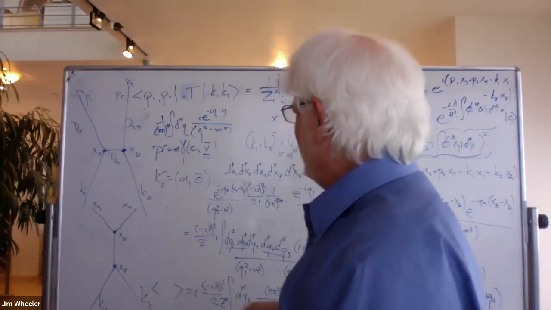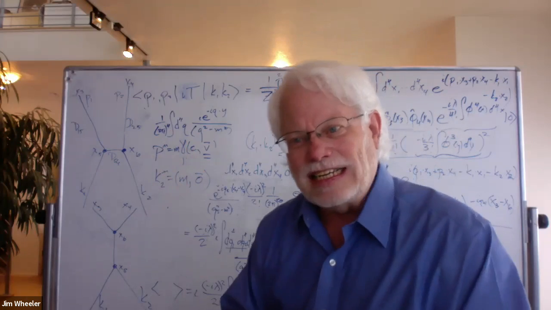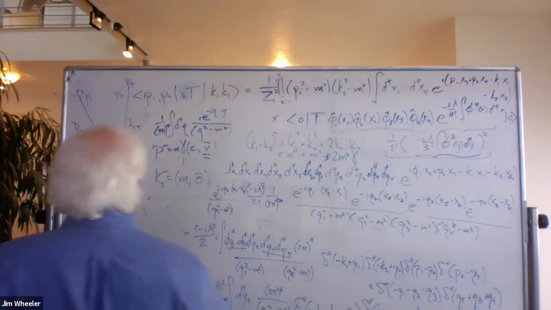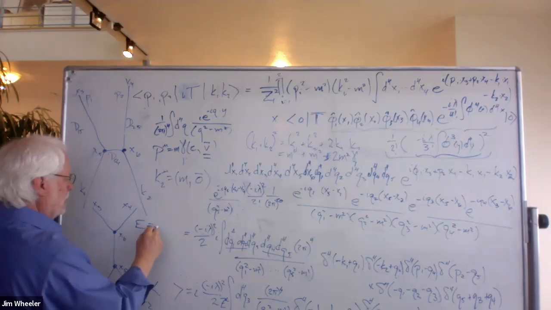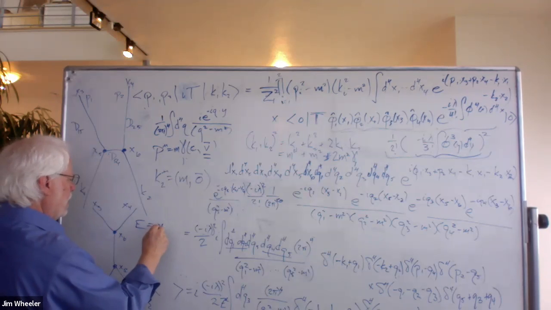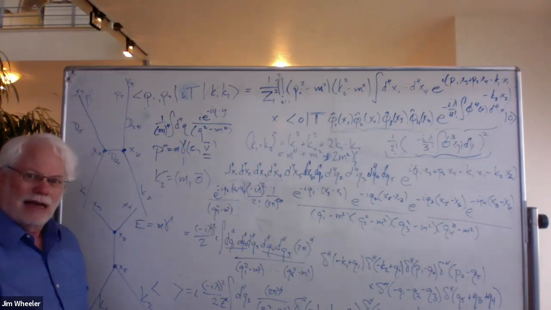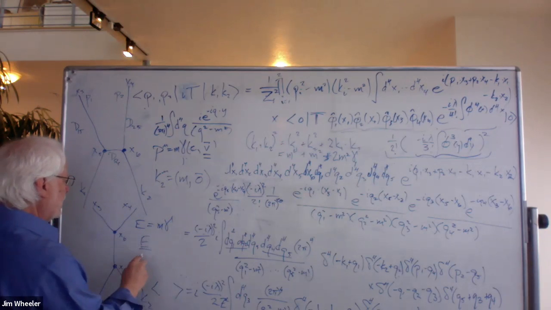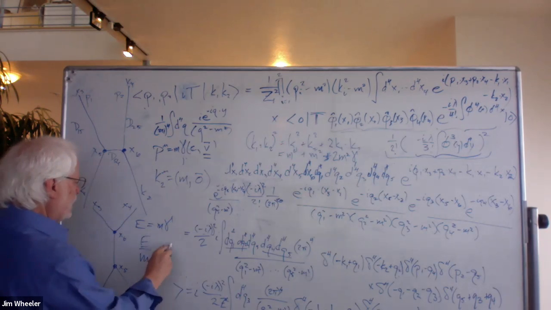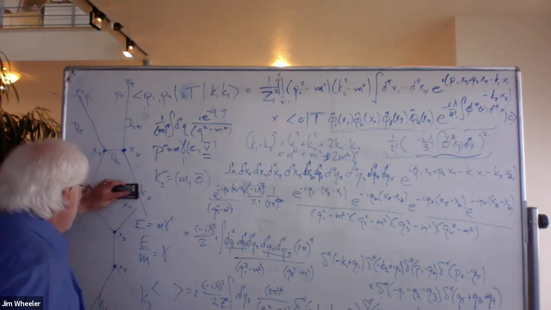And how do you find gamma? The energy is m gamma. The mass is m, so if you take the energy over m, that's an easy way to find gamma.